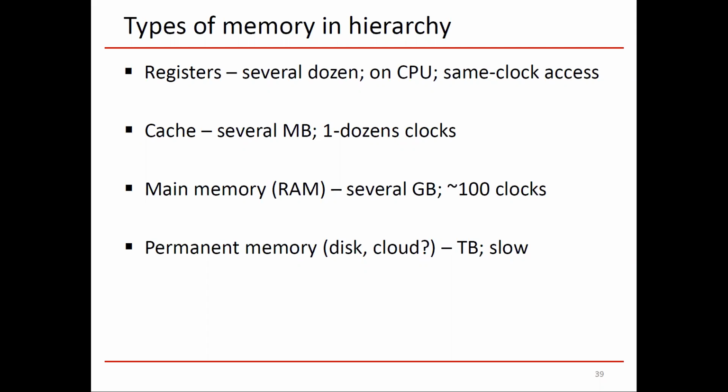nanoseconds. On the other hand, main memory or RAM, random access memory, typically instead of megabytes, you have gigabytes. And here the access would typically be many dozens of clocks, 100 clocks, maybe even a few hundred clocks. So whereas the cache might be up to 10, 20 nanoseconds, the main memory would be dozens of nanoseconds.